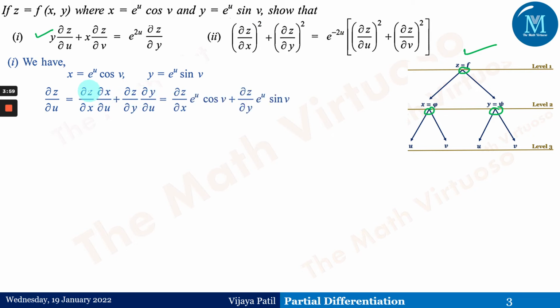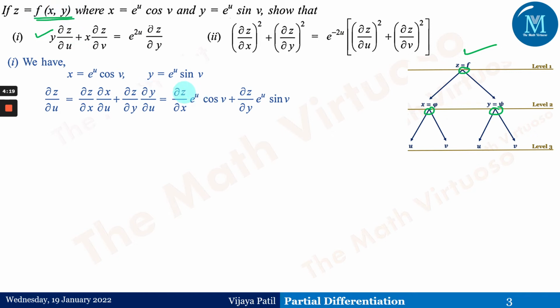Now dou z upon dou x, this function will remain as it is, because it has been defined as just f of x comma y. We do not know what function this is. It is just a function of x comma y. A few books write this as dou z upon dou x, or a few might write it as f dash.